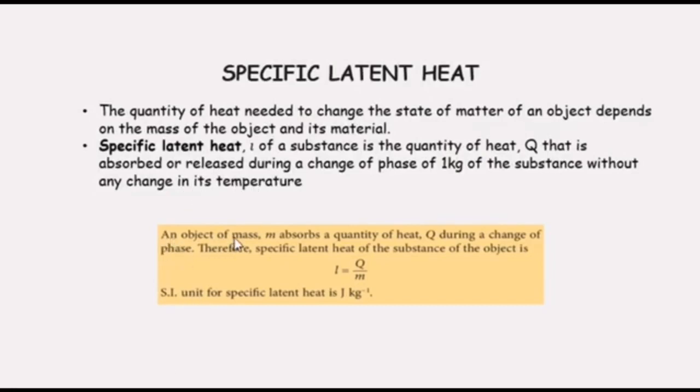An object of mass m absorbs a quantity of heat Q during a change of state. Therefore, specific latent heat of the substance of the object is L = Q/m. The SI unit of specific latent heat is joule per kilogram.